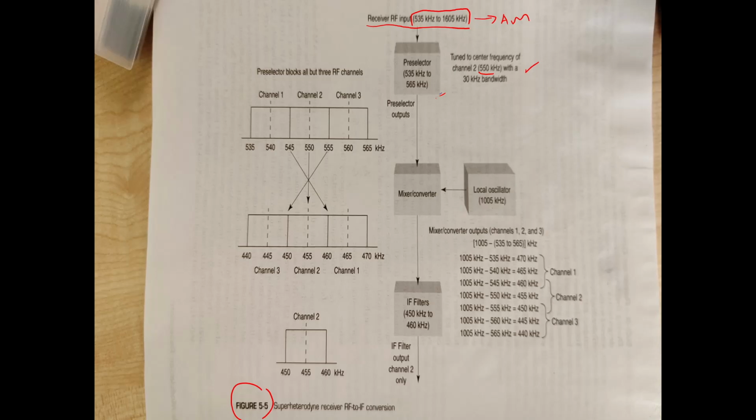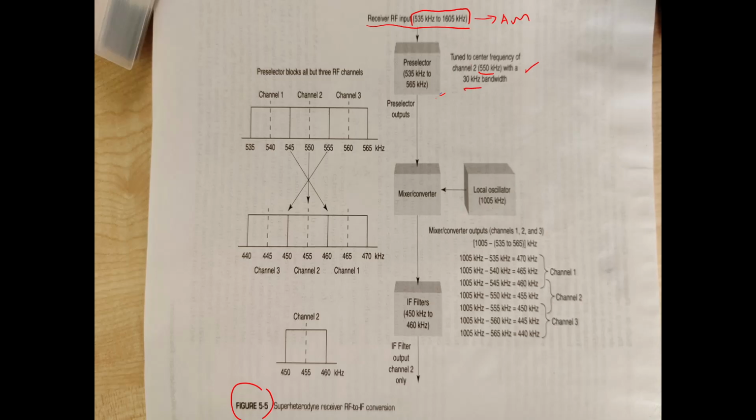When I tune my radio at 550, I'm actually instructing the preselector to select frequency band centered at 550 kilohertz. And this preselector has a bandwidth of 30 kilohertz.